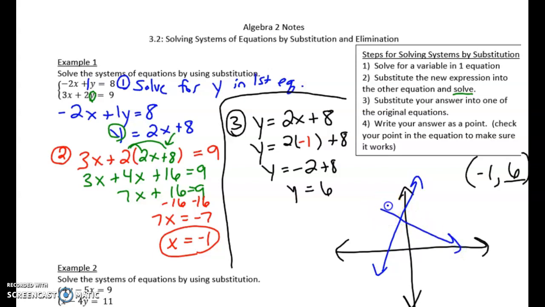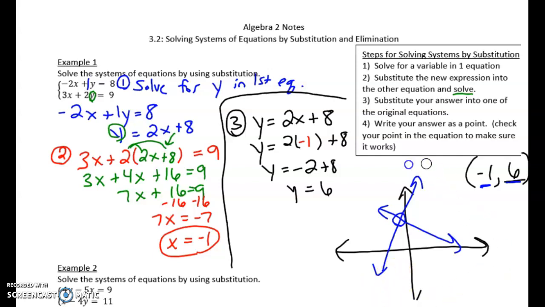Maybe something like that. You can see where they are going to cross: at negative 1, 6. Now we don't need to do the graphing part, but that just pulls in what was different about what we did yesterday.